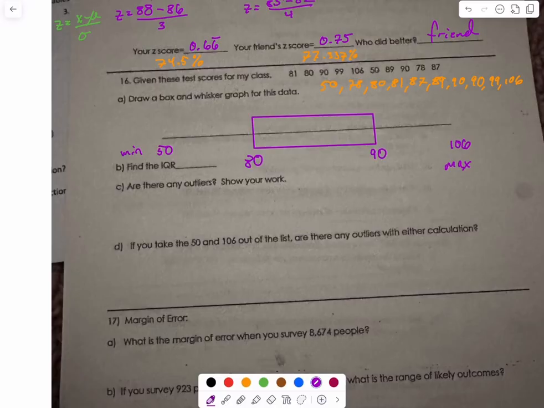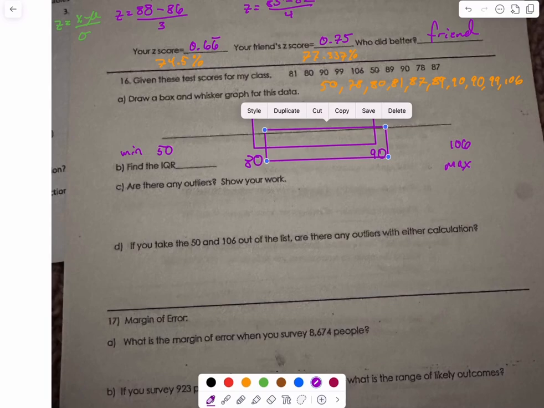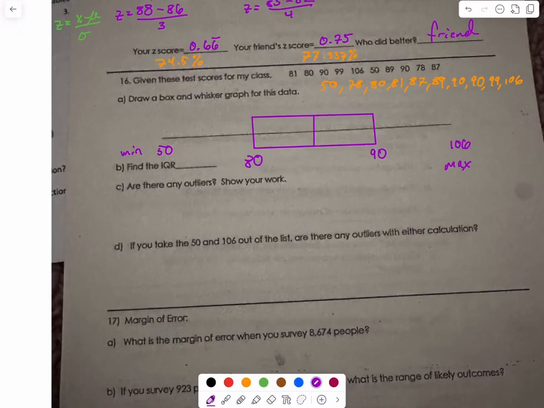This might be okay. And then maybe identify our median. Let me see. 1, 2, 3, 4, 5. That should be 88 there. Let's see something.